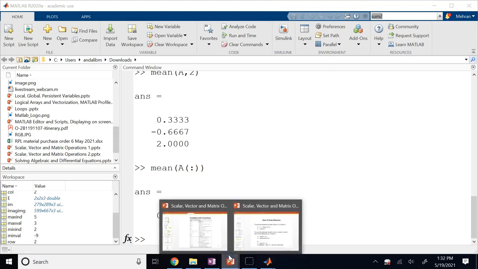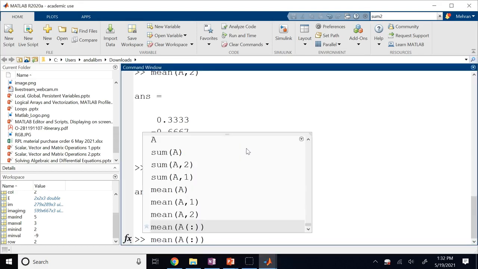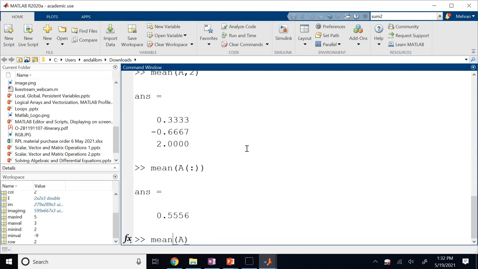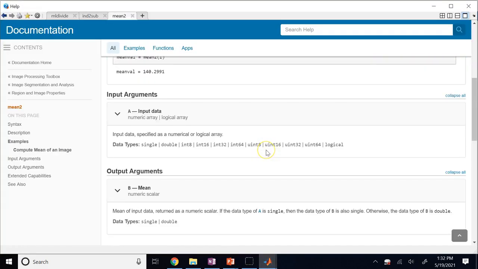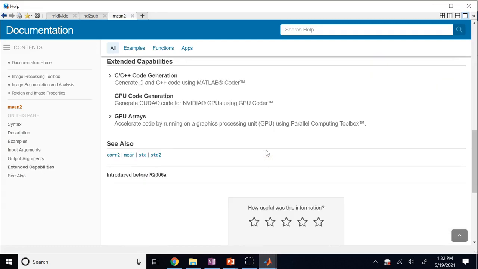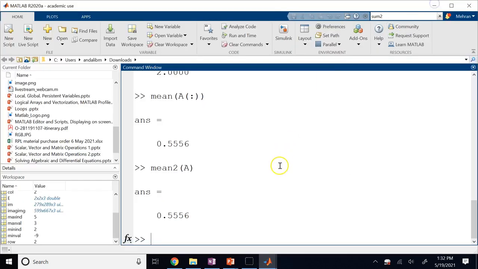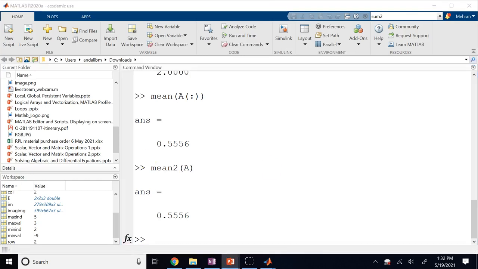So what you can do is simply say mean2 of A. That gives you the same number. Now there is no sum2, but you can do it yourself. There is std2, and STD stands for standard deviation, which we'll talk about in a separate lecture under math, statistics, and probabilities.